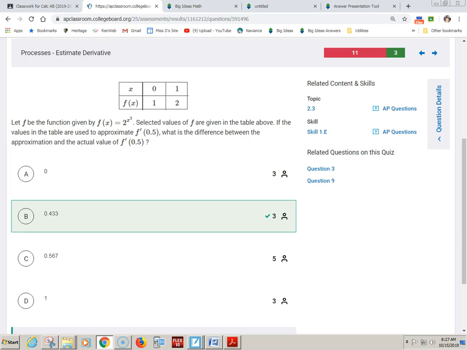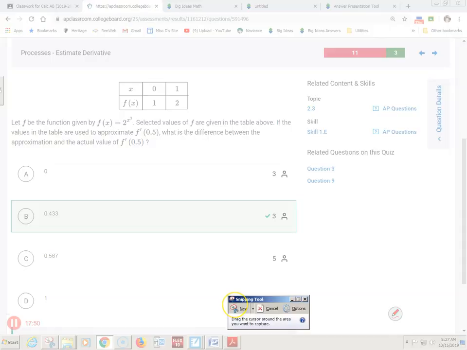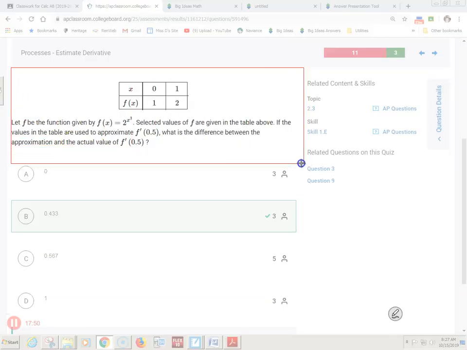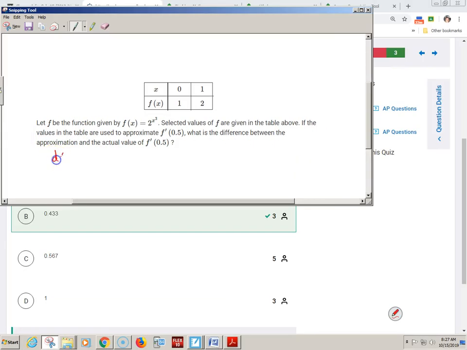And then I plug in 0.5. Guys, this is an easy problem. I wonder why they're saying estimate, because it's not a big deal. I can actually do this one, can't you? Because the derivative of 2 to the u, b to the u, is 2 to the u, times ln of b, ln of 2, times u prime, 3x squared. This is easy.